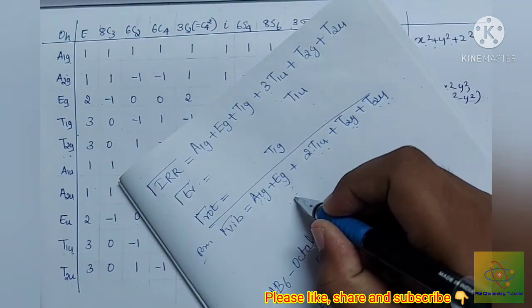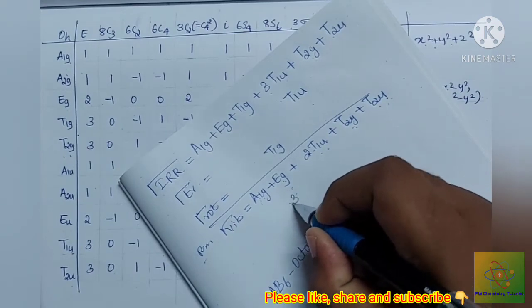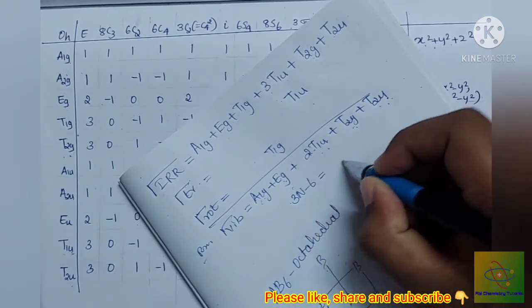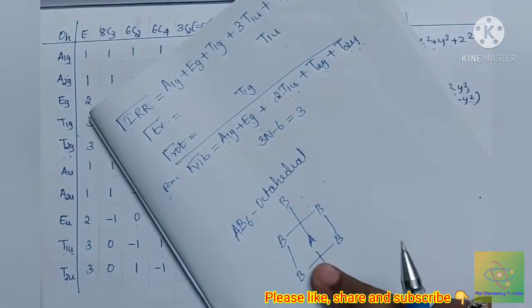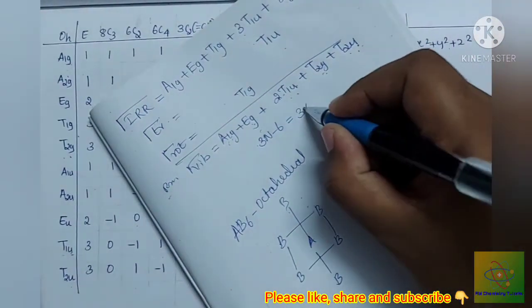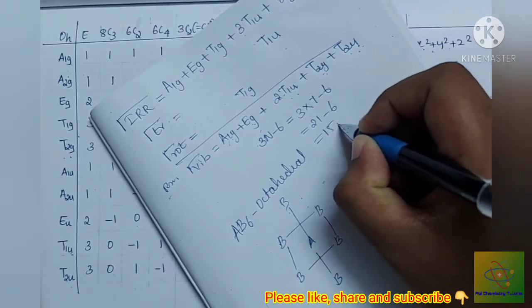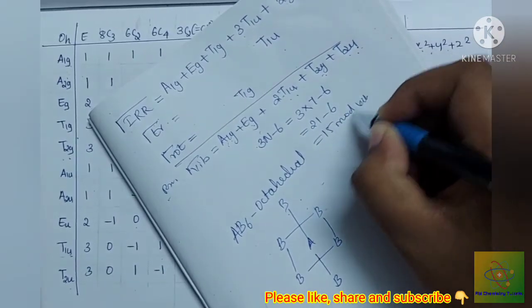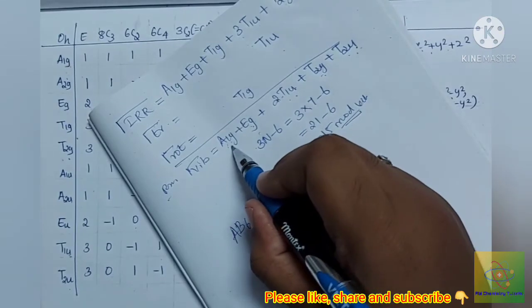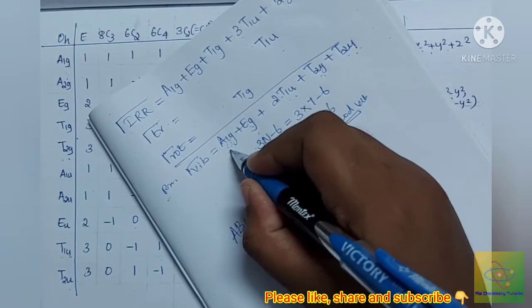We know a simple expression to calculate the total number of vibrations, that is 3n minus 6. So here in octahedral, we have 7 atoms. So 3 into 7 minus 6, that is 21 minus 6, that is there should be 15 modes of vibration. So here we can check whether there are 15 modes. In the case of A1G, it is one dimensional.